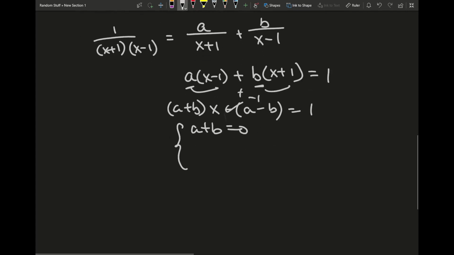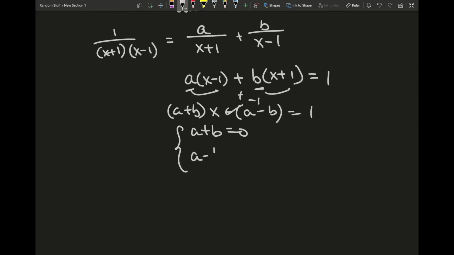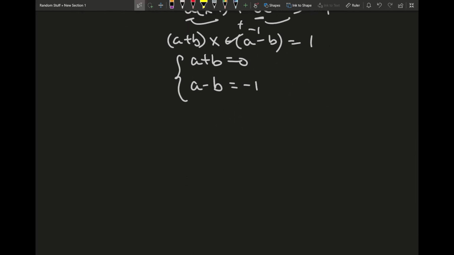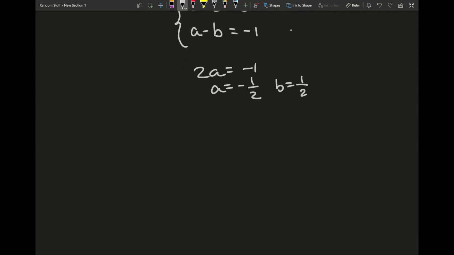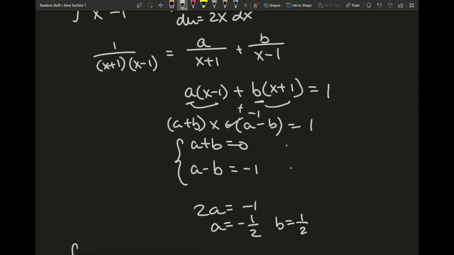So that means A minus B is equal to negative 1. And if we just add these two equations, 2A equals negative 1, A equals negative 1 over 2, and B equals 1 over 2.